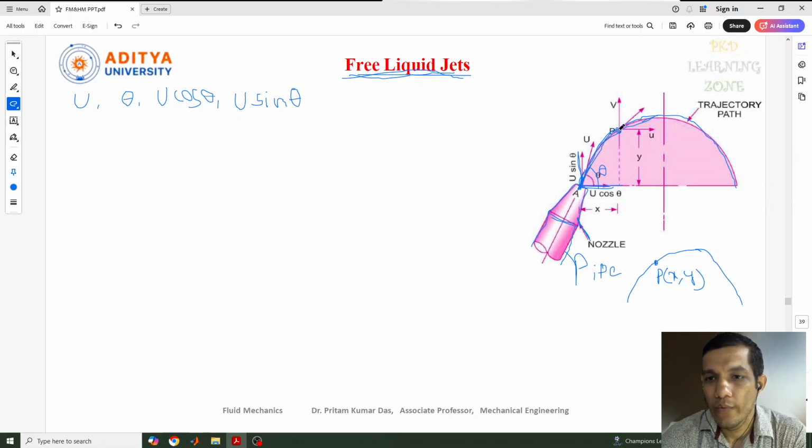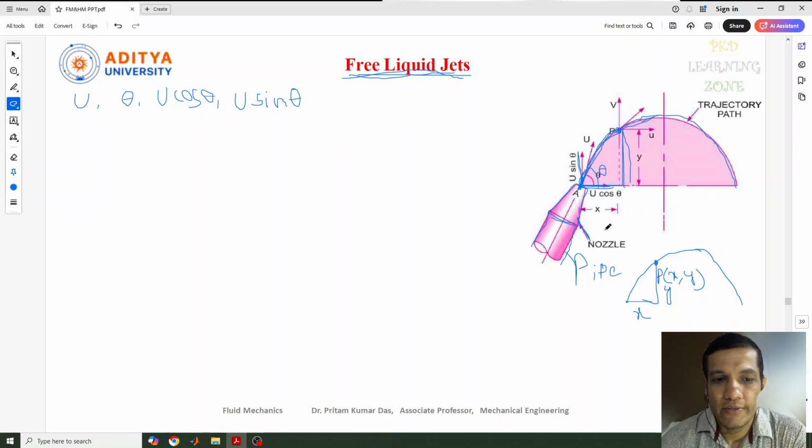So what is the value at this point P? How much distance is traveled in the x direction and how much in the y direction? Okay, it is very simple. From the starting point, suppose the distance traveled is x, and the distance traveled here is y. That's the same thing mentioned here.